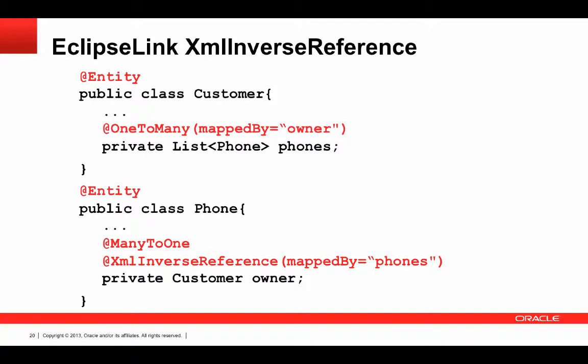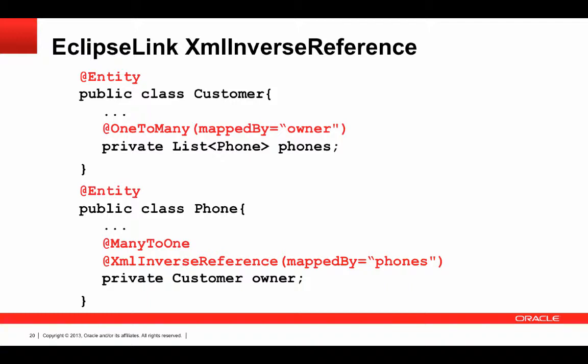So what EclipseLink has done within WebLogic and our TopLink product is extend the XML configuration namespace to include an XML inverse reference annotation. And in there, similar to how the one-to-many mappedBy works, I have a mappedBy to phones, which indicates that when you're unmarshalling this phone object from XML, we know it's contained within its parent customer.